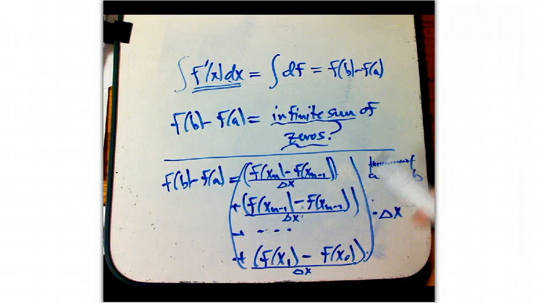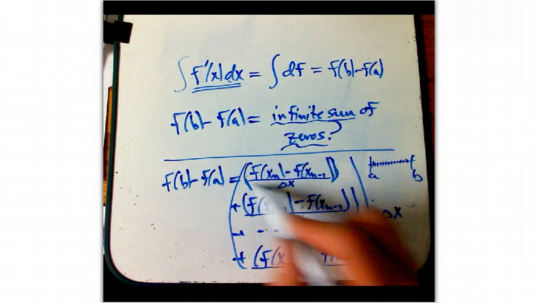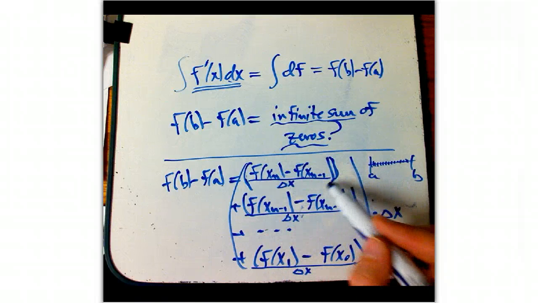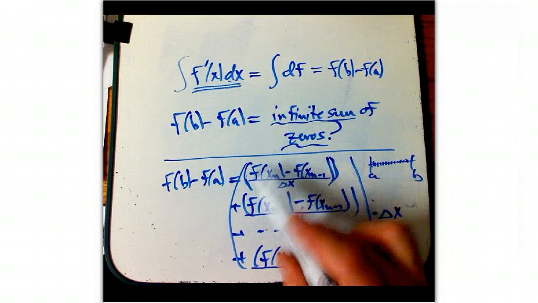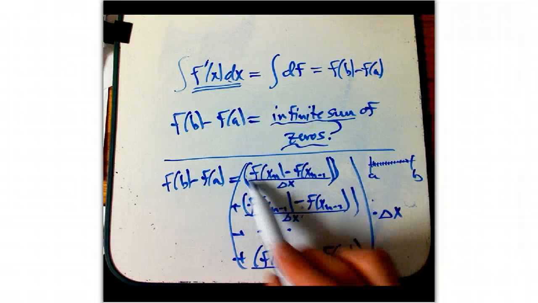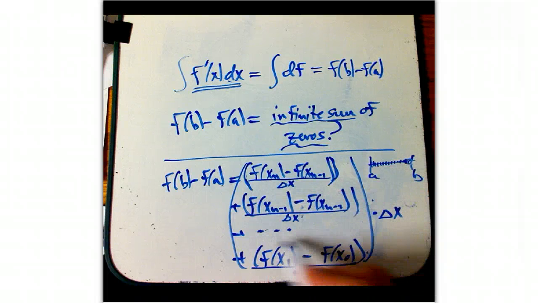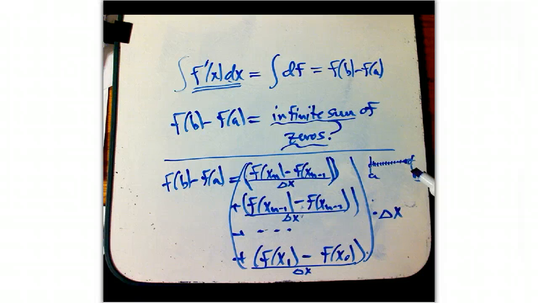Now, what's going to happen? These quantities don't go to 0 anymore. These are rates of change. And in fact, when I take the limit as delta x goes to 0, this gives me the derivative near the end of the interval, and this gives me the derivative over at the start of the interval.